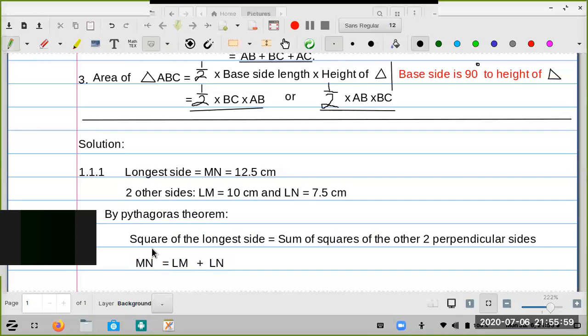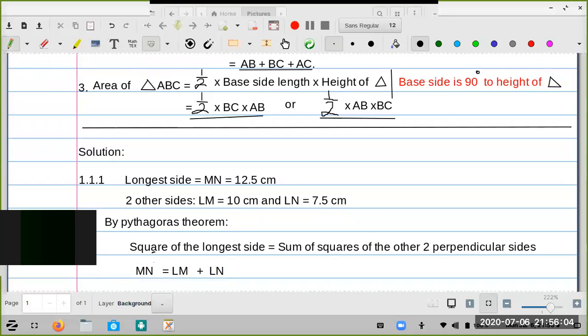The longest side, or the hypotenuse, is MN. Then the other two sides are LM and LN.